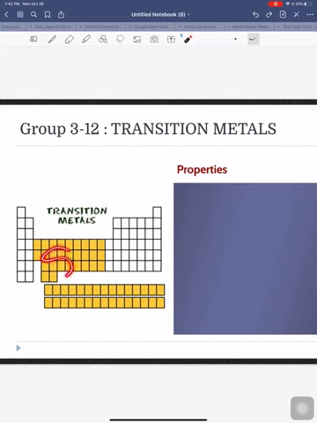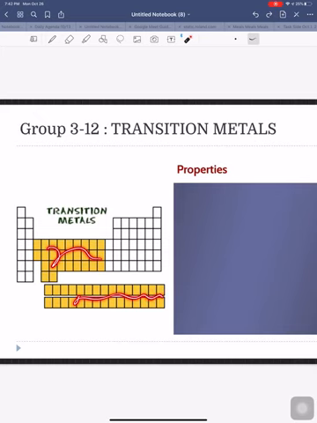So I lose my ability to predict when it comes to transitions. All of this block, these just kind of do their own things, and they're very important. All of these things are very important in their own ways and their own characteristics. I just can't put safe bets on them, whereas I can when I'm talking about group 1 and group 2. Alkali, yes, I'll tell you all about it. Alkali earth, tell you all about it.